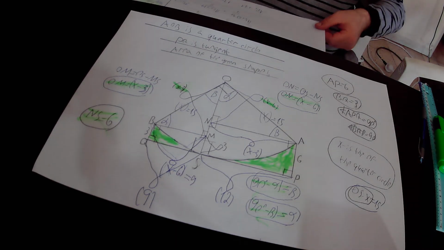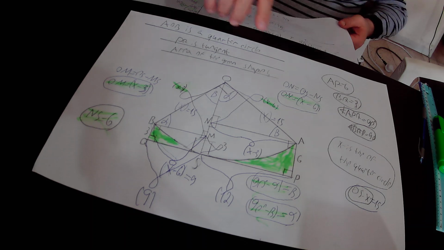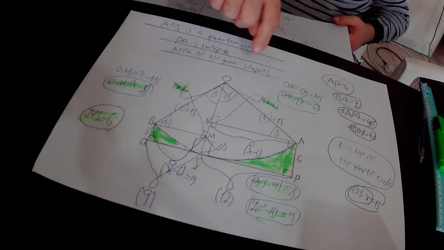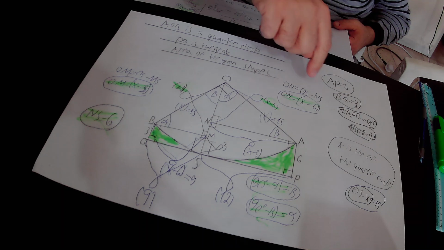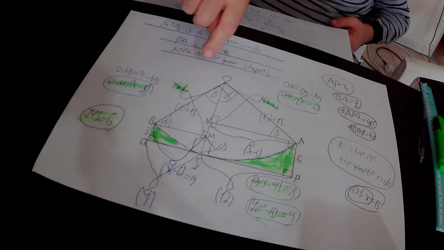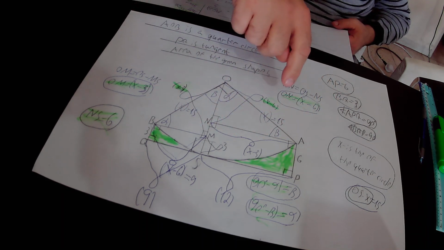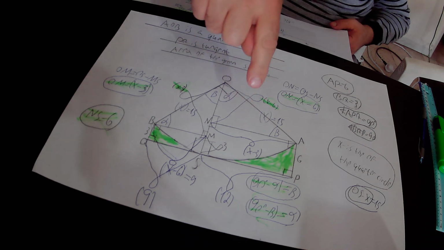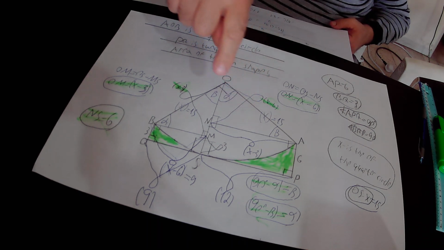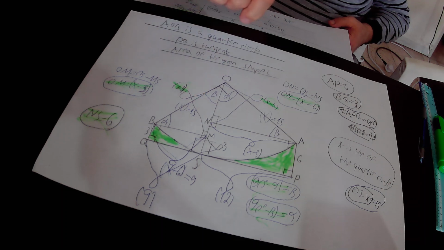So what is the area of this green shape? The area of this green shape equals the area of the whole shape minus the area of the quarter circle OAB. The area of the whole shape is the sum of the area of trapezoid OAPS plus trapezoid OBQS.